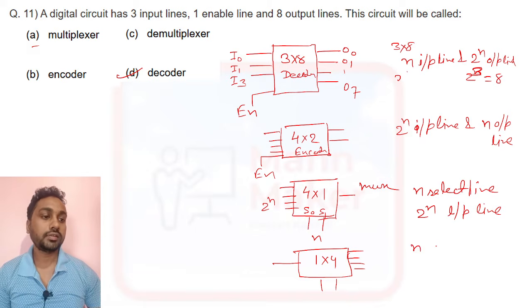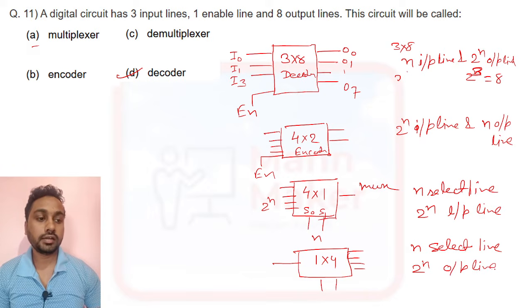If n is the number of select lines, then 2 to the power n output lines will be there in the demultiplexer. That is called demux. Just remember this point from the point of view of your exam.